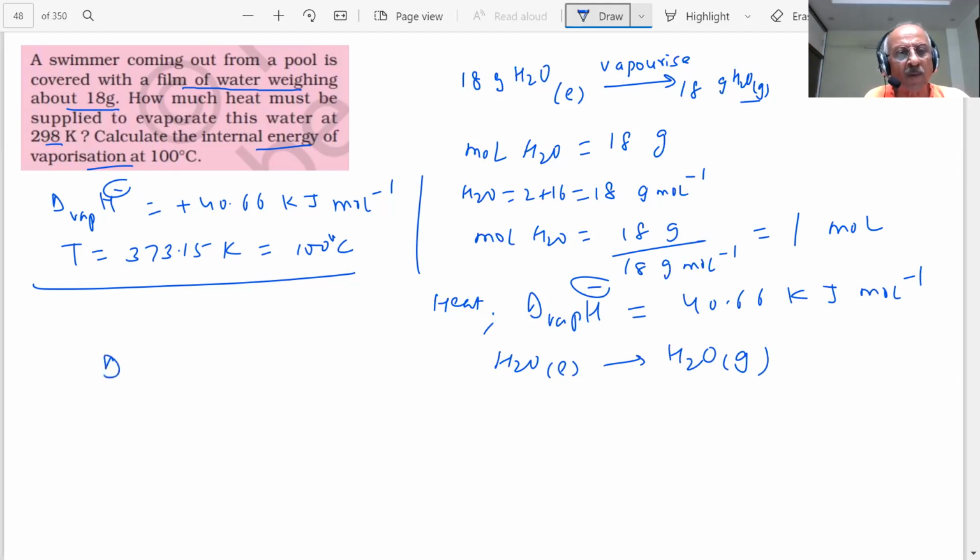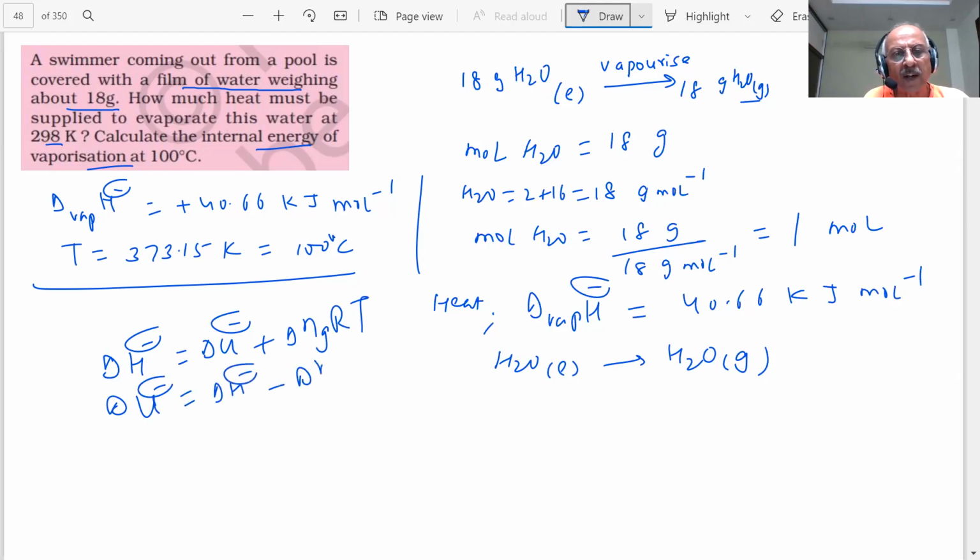Then you know the formula. Internal energy. How you calculate internal energy? Delta U plus delta n g RT, student. Delta U will be equal to delta H minus delta n g RT. What is R? It is the gas constant.